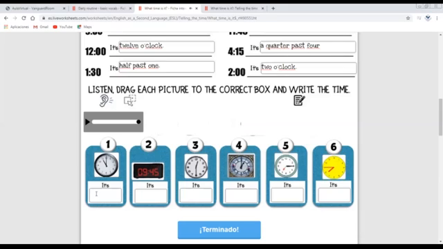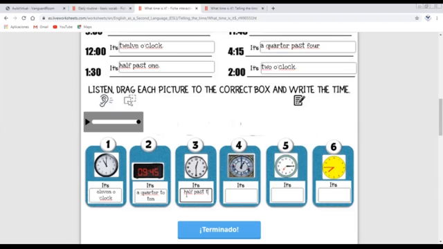Okay, so now write the time. Number 1, it's 11 o'clock. Number 2, it's a quarter to 10. Number 3, it's half past 12.